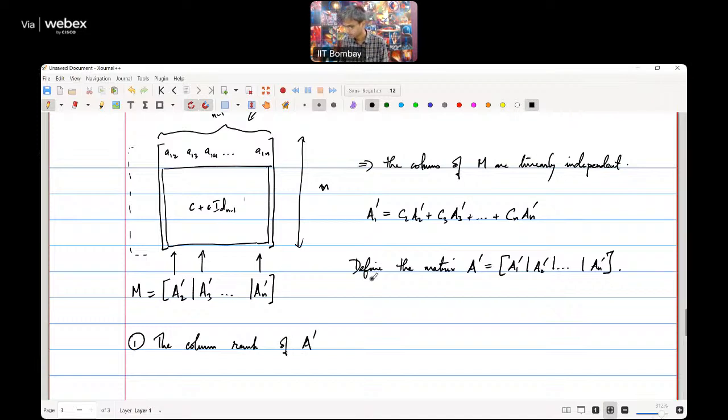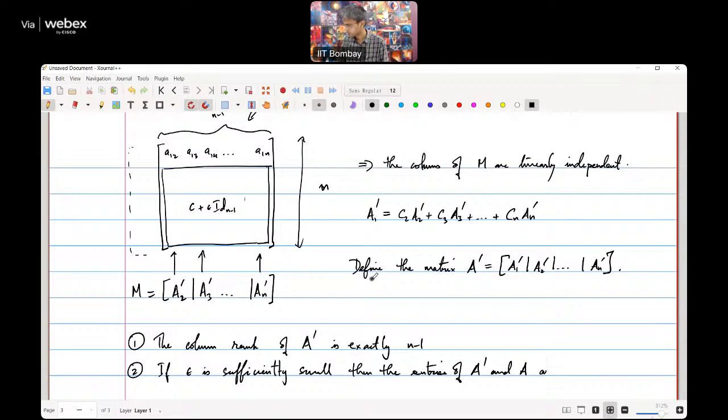One, the column rank of A prime is exactly n minus 1. And two, if epsilon is sufficiently small, then the entries of A prime and A are very close to each other.